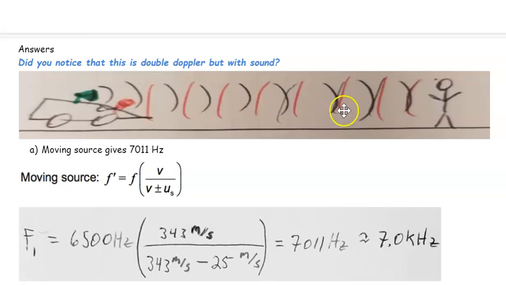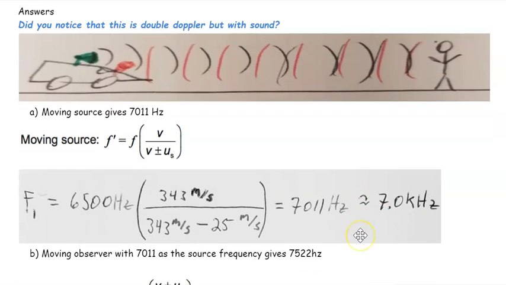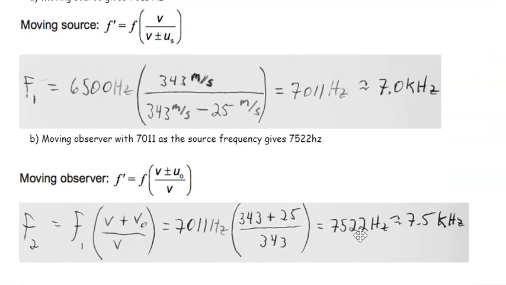In any case, the red one's the same as the black one coming this way, but the black one is higher than what the speaker would have done if nothing was moving. Okay, so in any case, we're going to use 7,011 in here. So F1, the answer to the first part, becomes the frequency here.